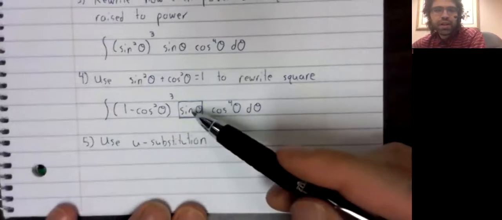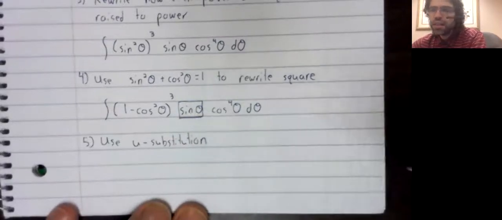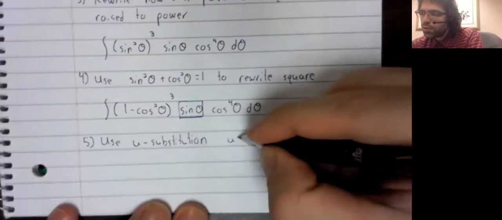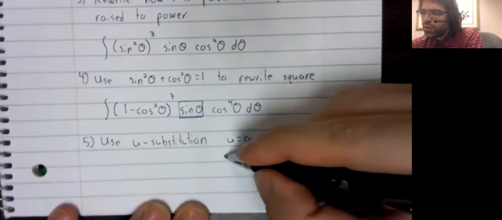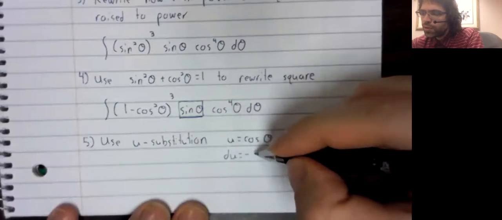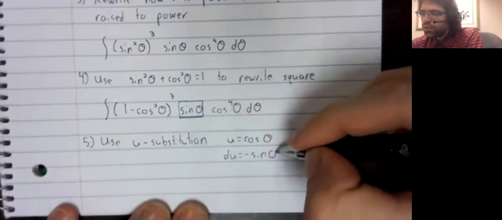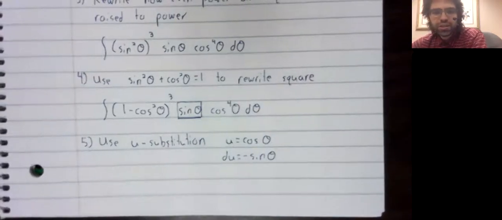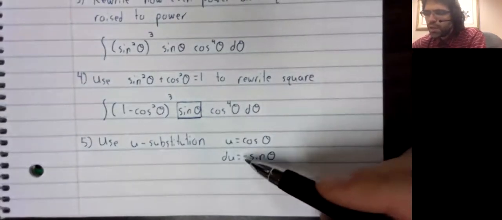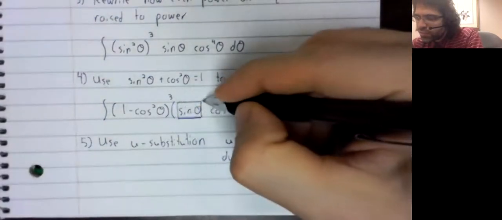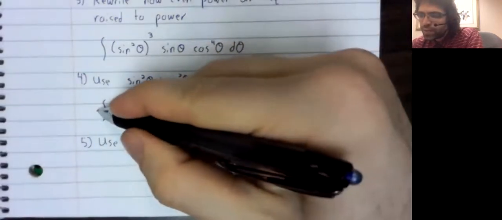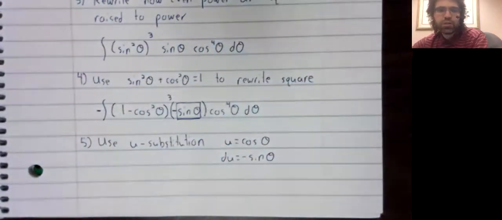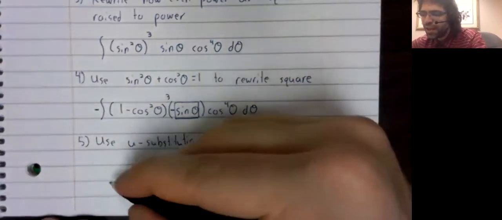It's also there to provide the du when we do u substitution. We're missing a negative sign, but we can stick a negative sign in as long as we put another negative sign out there.